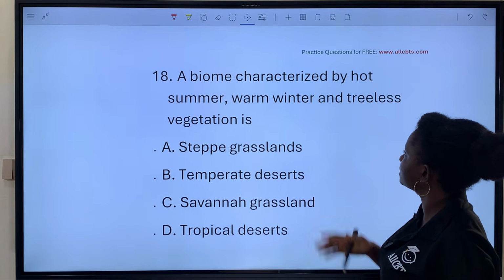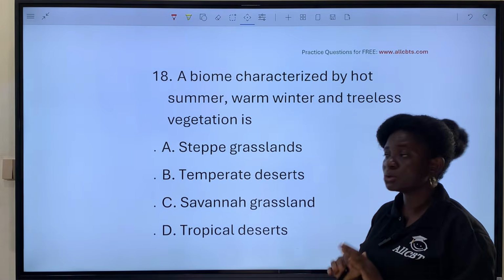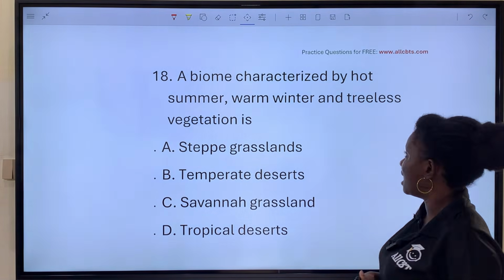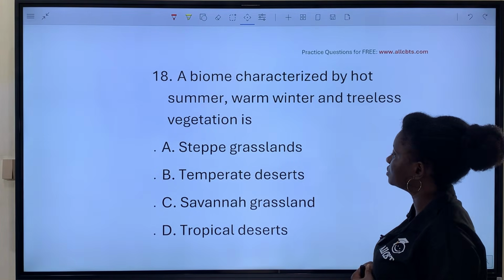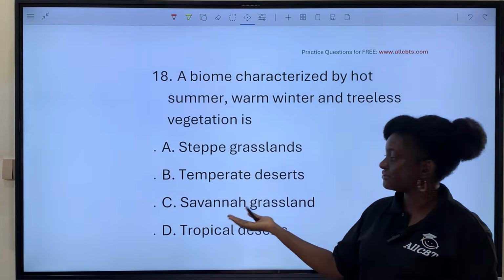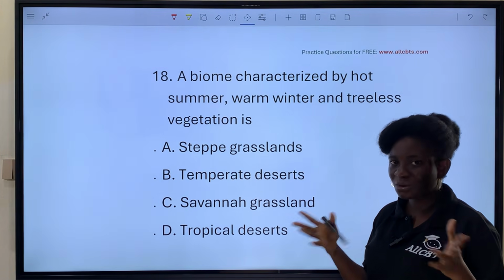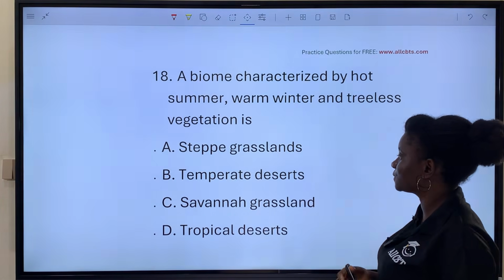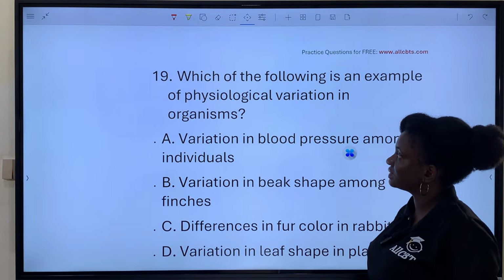This question says a biome that is characterized by hot, dry conditions, and treeless vegetation. So the correct answer here is savanna. Savanna grasslands are areas that are usually hot and dry. So the correct answer here is option C, savanna grassland.